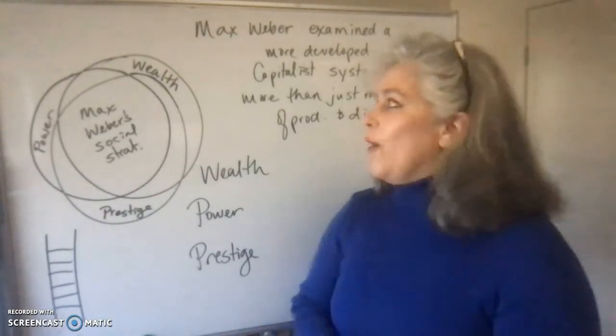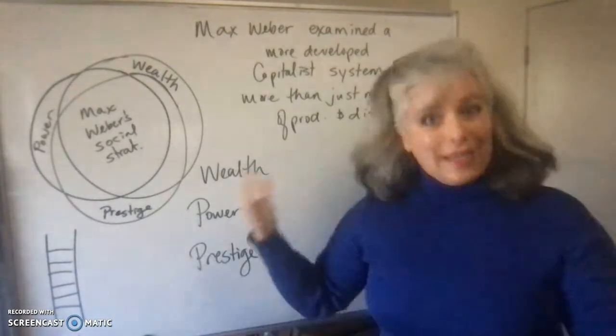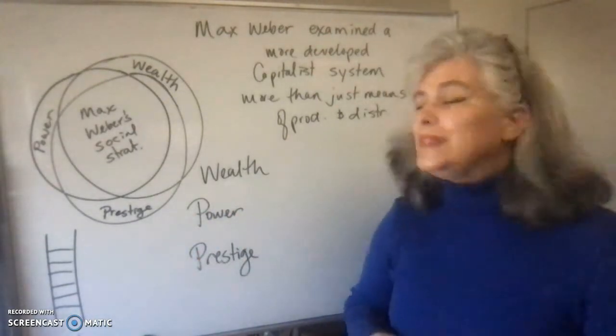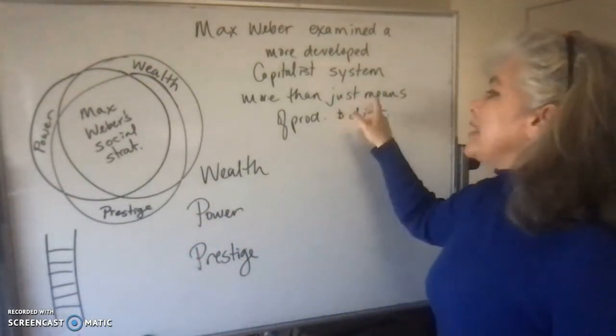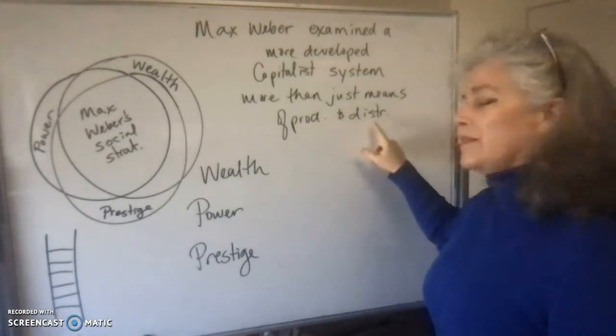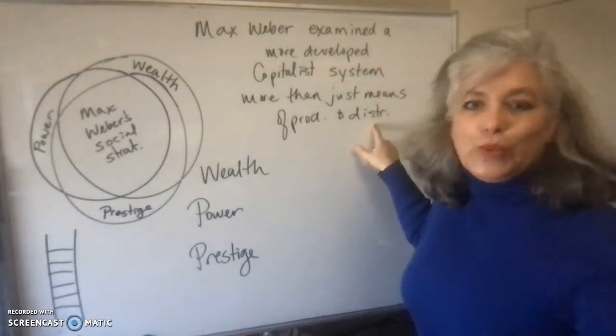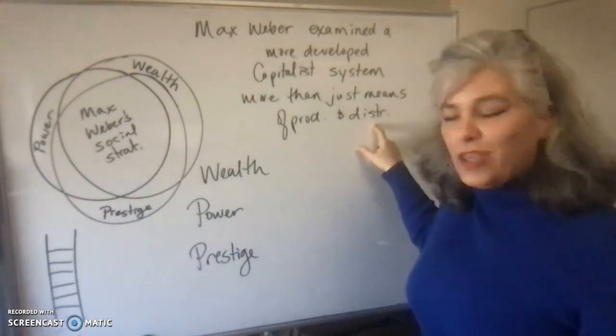Okay, so Max Weber is our guy, and he examined capitalism in a more updated situation, and he said it's more than means of production, means of distribution, whether you're able to sell your labor and that's the only way you make money.